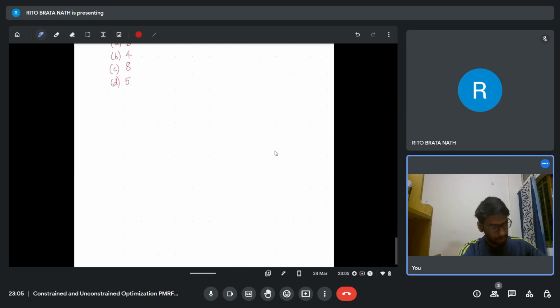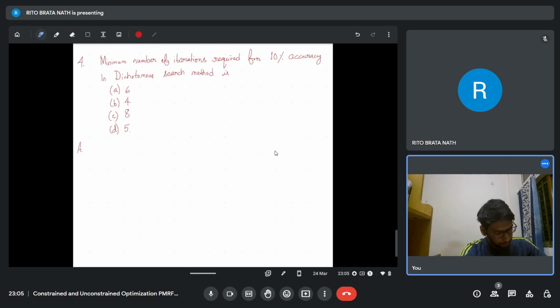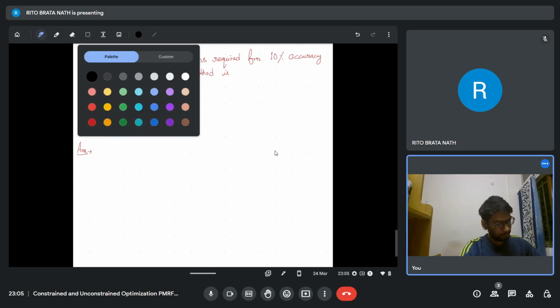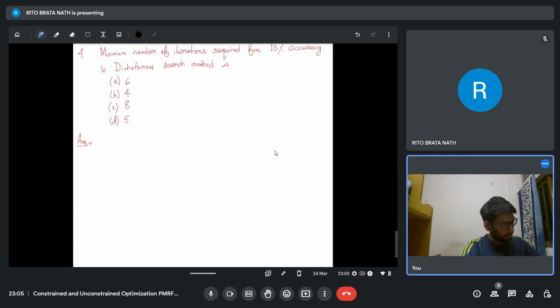Okay, so let me solve this problem. Should not be too difficult. So I'll just quickly check certain things. We know that we have a relationship between ln and l0 in the dichotomous search method.